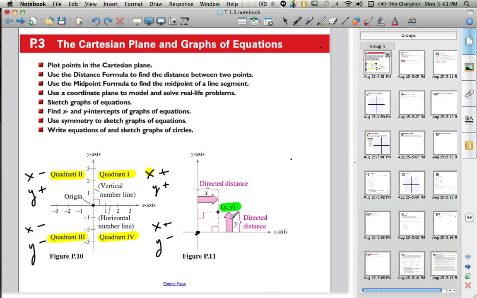Or you could think of it as the distance from the y-axis being the x-coordinate, and the distance from the x-axis being the y-coordinate. Collectively they represent a move from the origin to a location on the graph. X would be right or left, and y would be up or down.